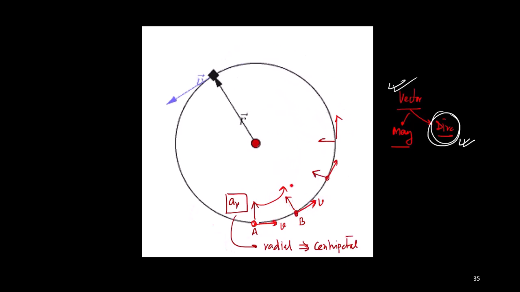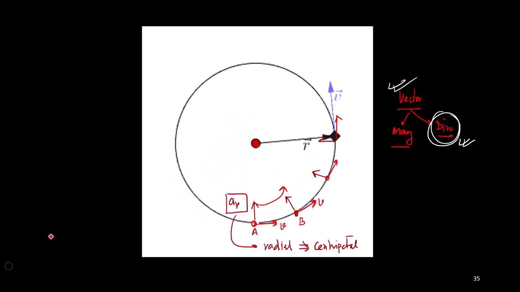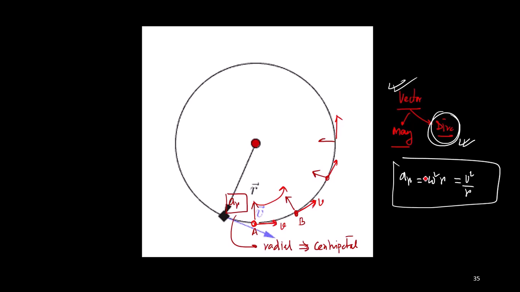So a rotating body performing a uniform circular motion should always have a value of AR. Why? Without AR, the particle cannot rotate. Now, if I go somewhat deeper, AR is equal to omega square into R, or equals V square by R. If the particle is rotating, that means omega cannot be 0.